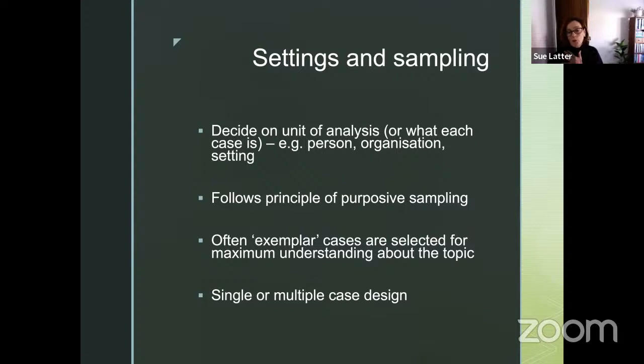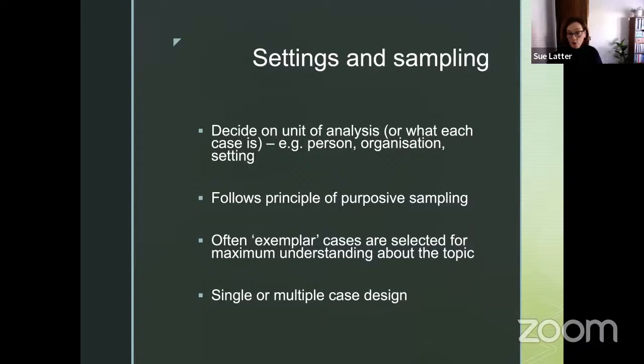So it's not about random sampling, it's about purposive sampling. And there are a number of different ways which you can sample your cases, but generally they do involve a purposive decision. You don't just take a convenient sample or a random sample as you would in other types of design. And there's two ways or several ways in which you can design the sampling of case sites.